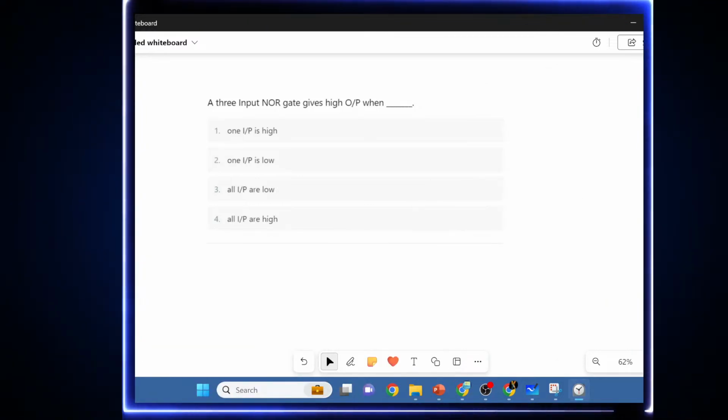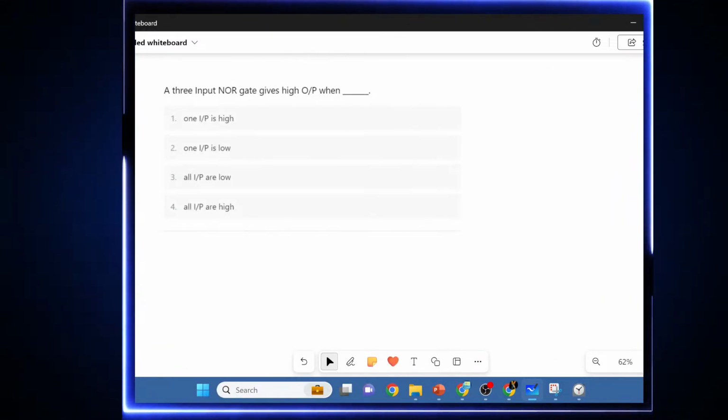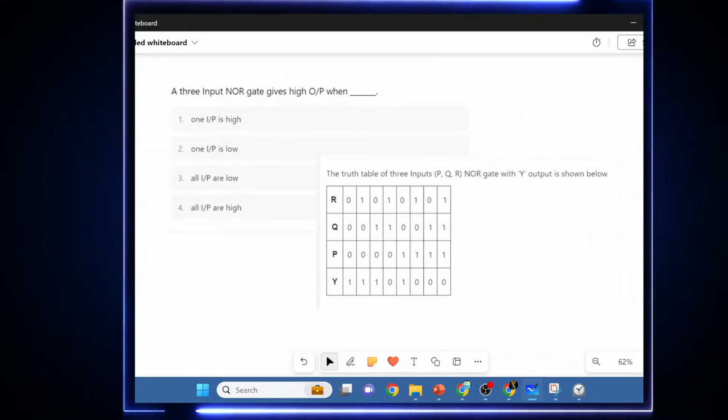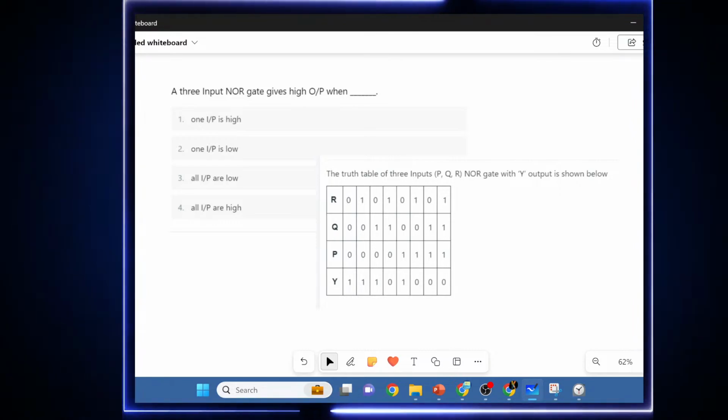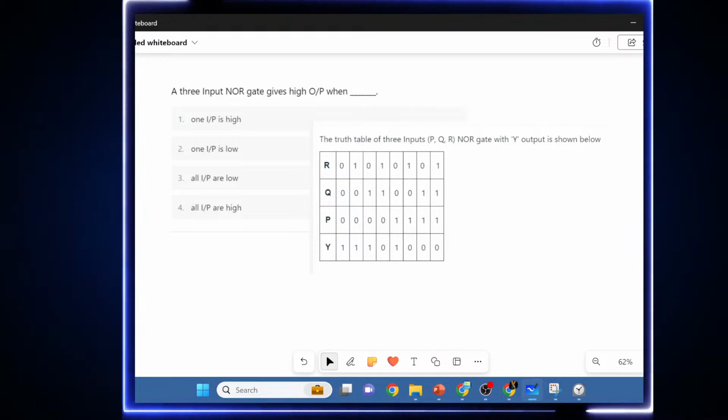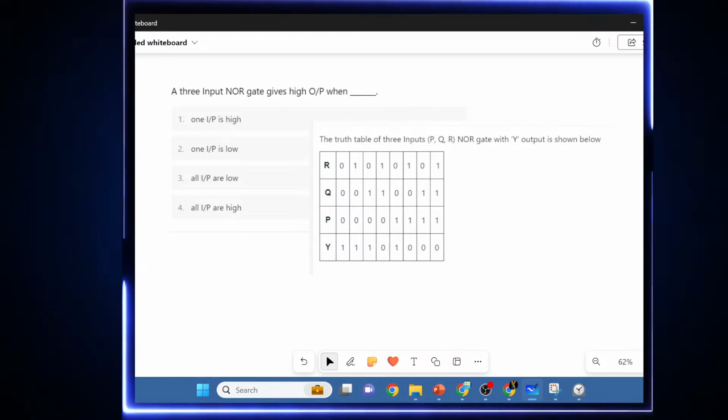Yes, we are done with the 40-second timer. And the answer to this is option 3, that is all inputs are low. Right? We are talking about a NOR gate.